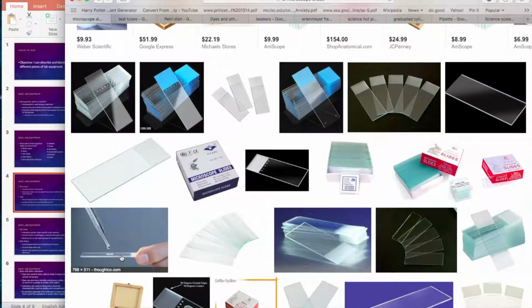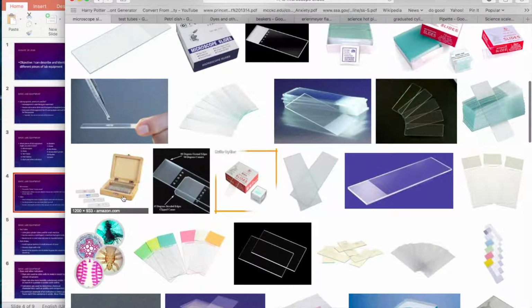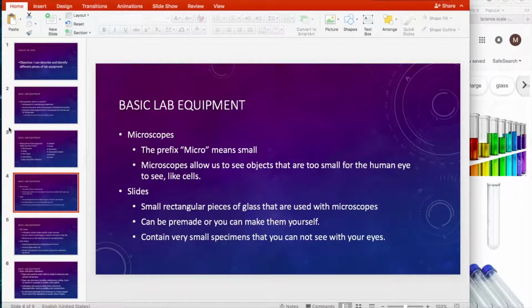Like here's a person dropping, looks like maybe some pond water onto there. And here are some that are pre-made that I could buy from a source and use instead of making my own. If you need a moment, go ahead and pause here so you can finish writing about microscopes and slides.